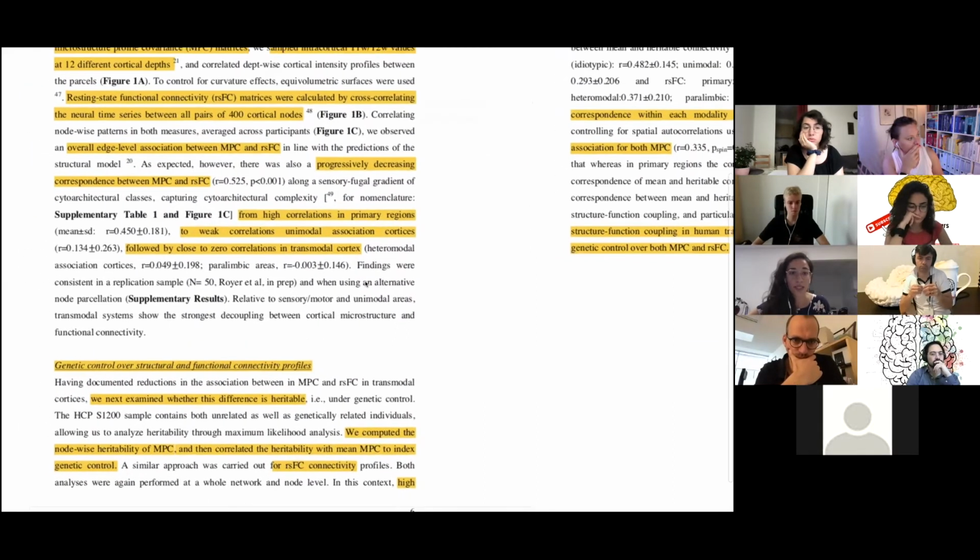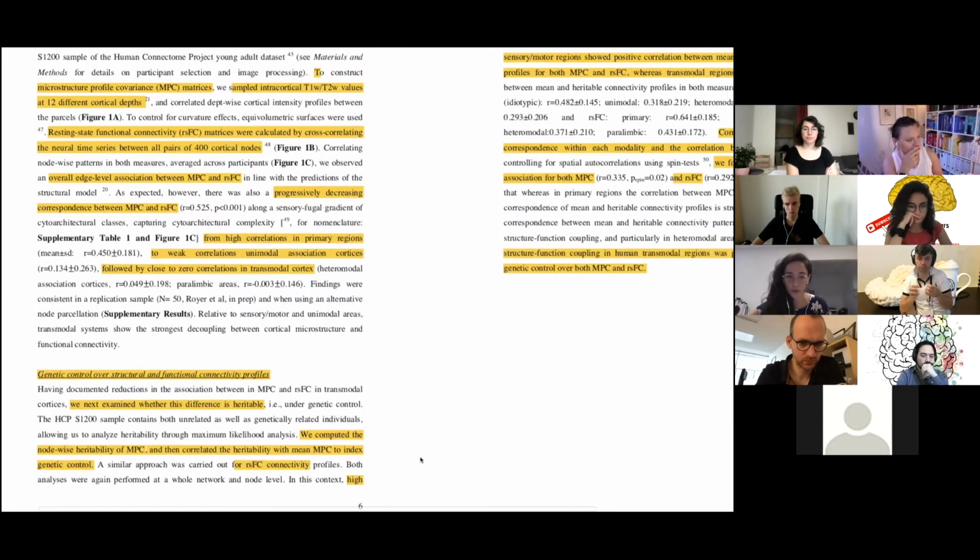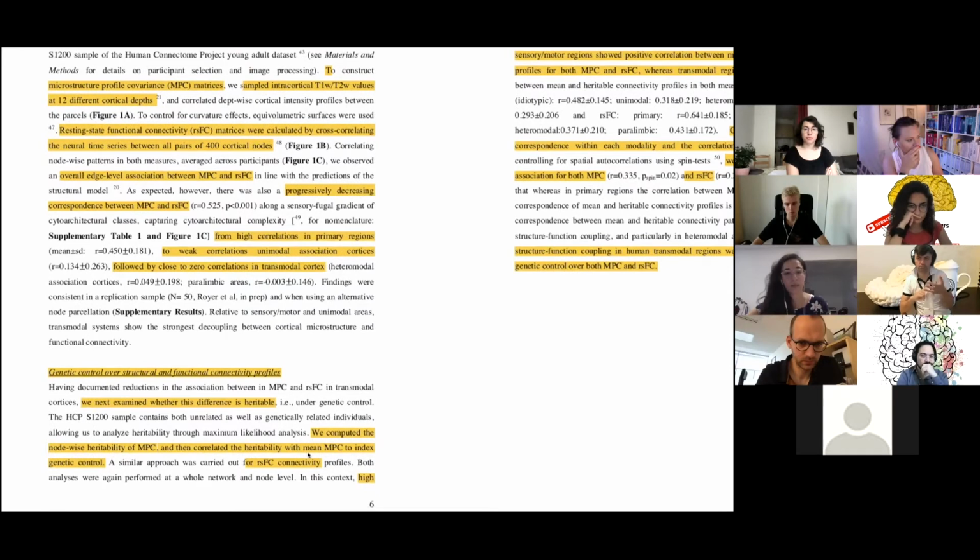So they computed node-wise heritability of the structural matrices and correlated the heritability with the mean structural matrices to have an index of genetic control. And they did the same thing for the resting state matrices.